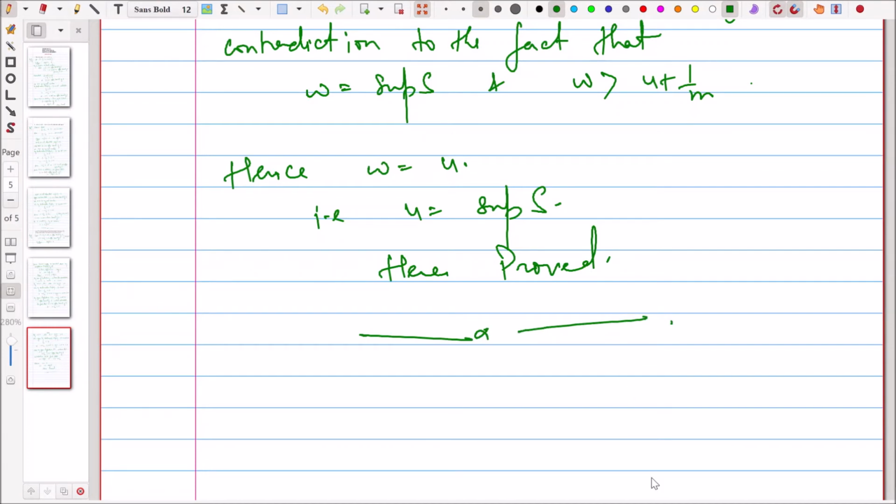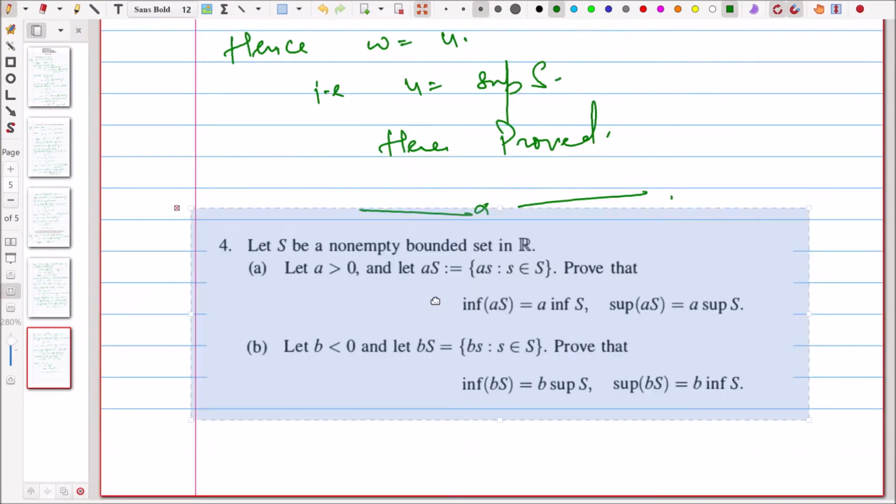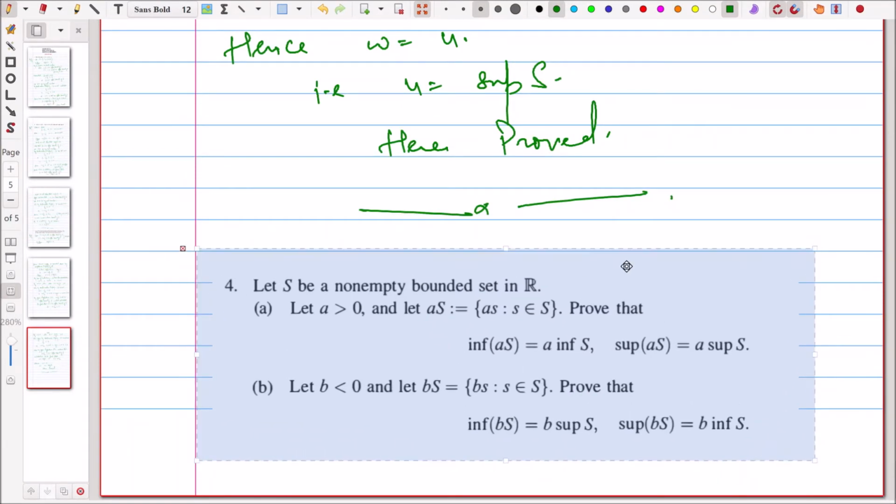Now let us take the next question, which is question number 4. In this question we are given that S is any non-empty bounded set.